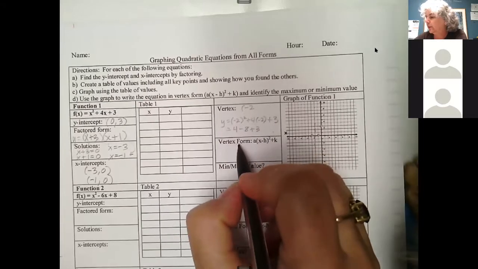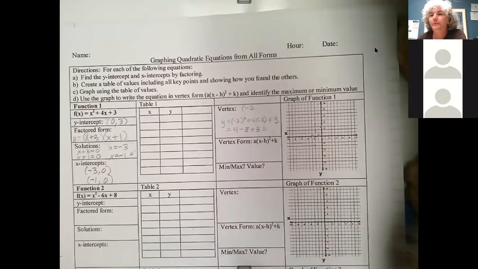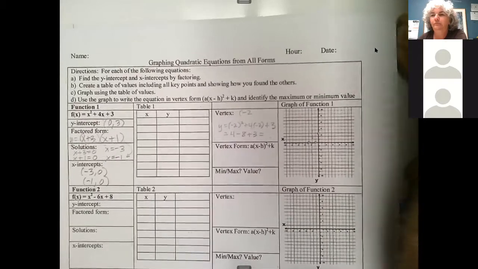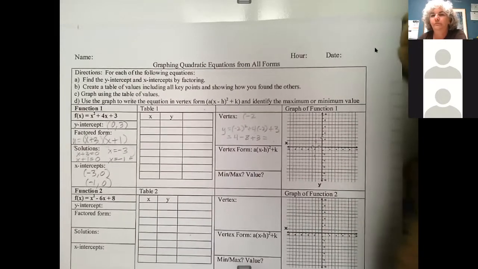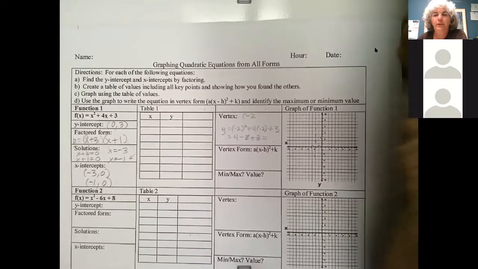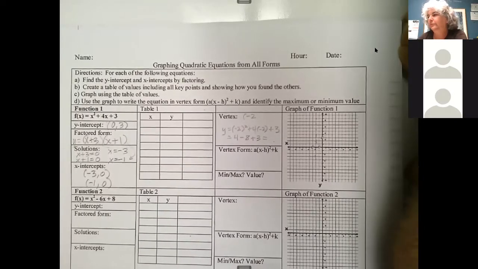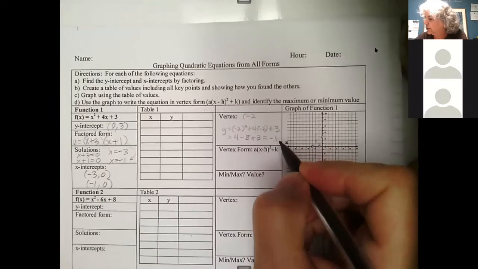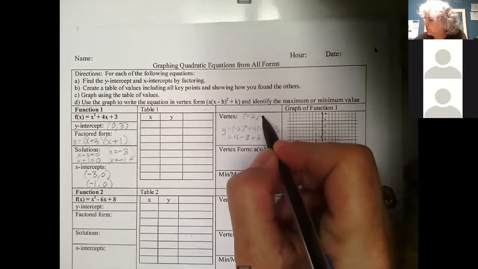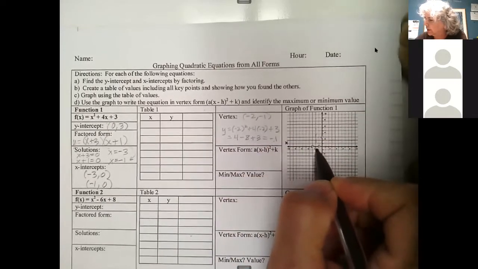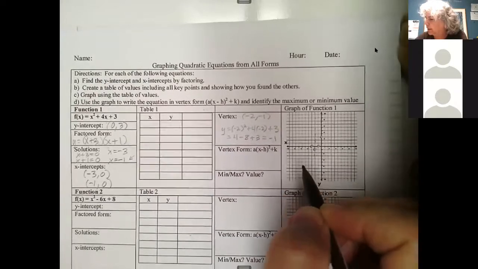Put all those together, what do we get? Anybody want to tell me? It's -1, I think. Right, -1. So the vertex is at (-2, -1). (-2, -1) is right there.